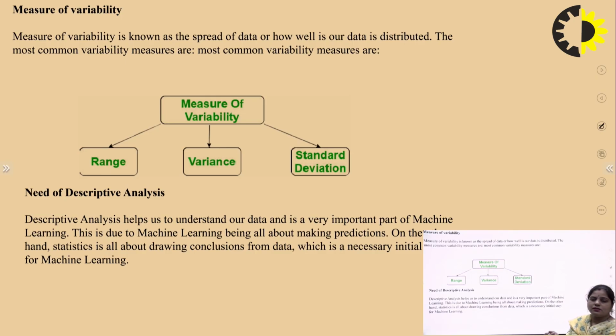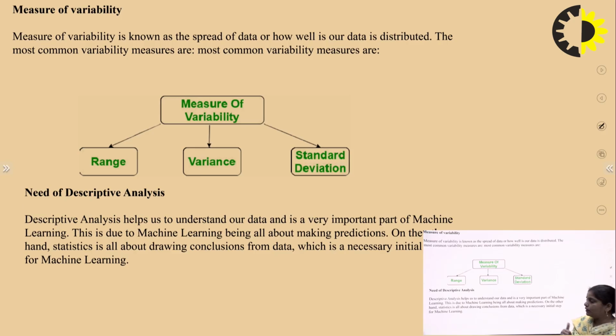Basically, this descriptive analysis helps in understanding our data, and it is very important for machine learning, because machine learning is all about making predictions. Predictions can be more accurate when we have a better understanding of the data. When we have a better analysis of the data, only then can we predict future trends more accurately.